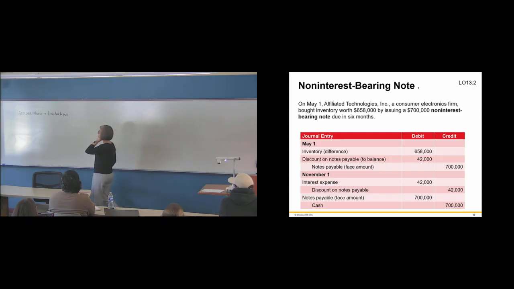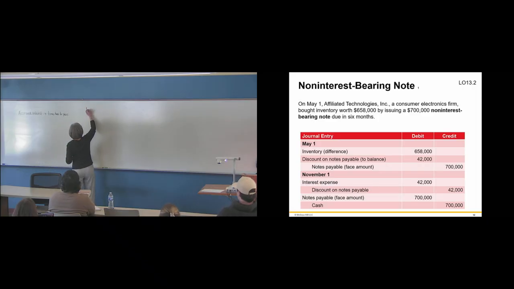Now, in this particular example, they're not borrowing money. They're using a loan to buy inventory, okay? Which can happen. I mean, this is a big amount of inventory. Perhaps they don't have the cash to buy all the inventory at one time. And why aren't they using accounts payable here? Because we're used to this journal entry in Accounting 101. We debit inventory or merchandise inventory and we credit accounts payable.